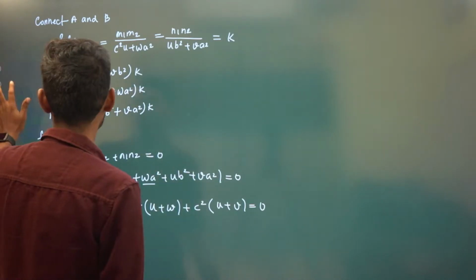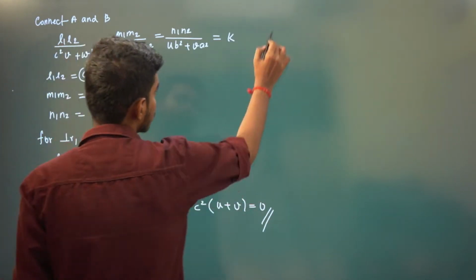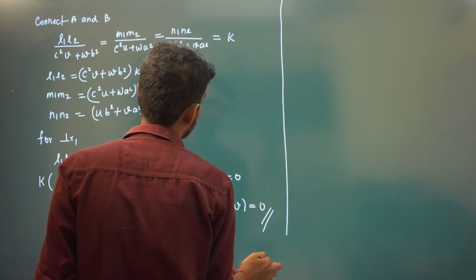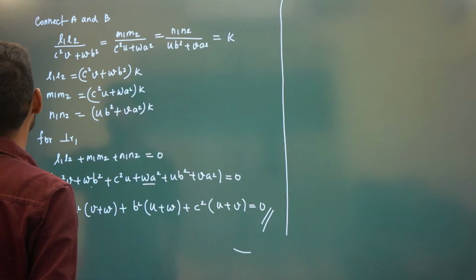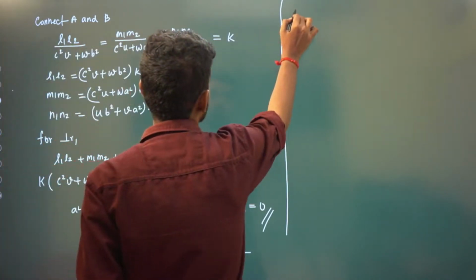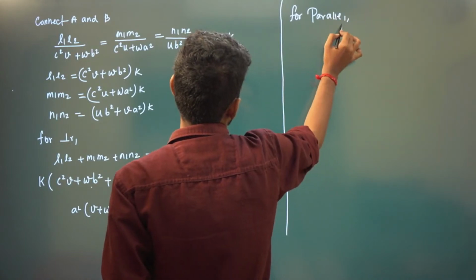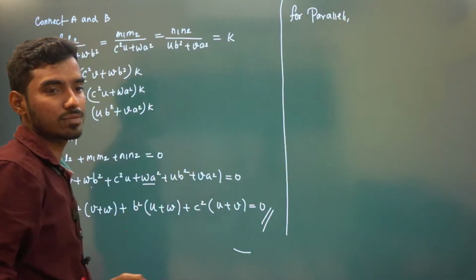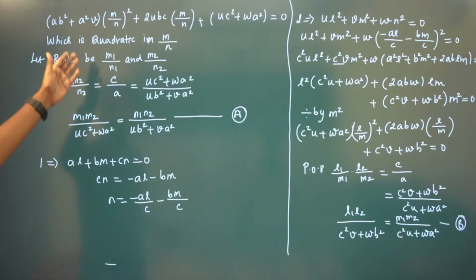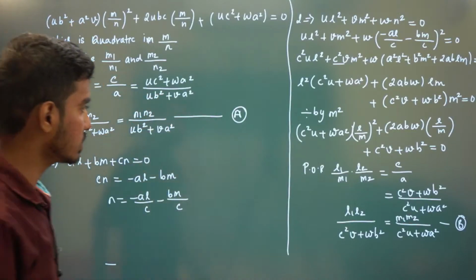Now similarly for parallel, let us take any one of the quadratic equations. You always take this equation in l by m. So let us call this as star.